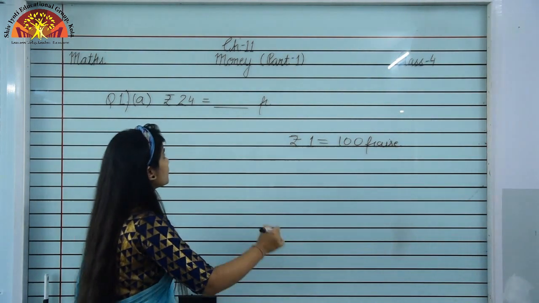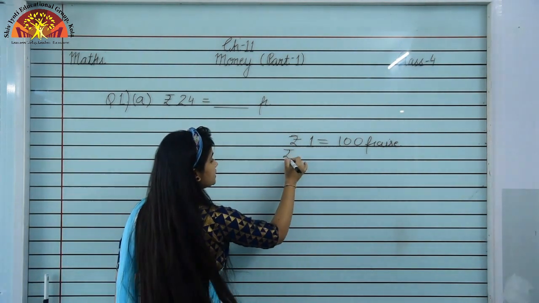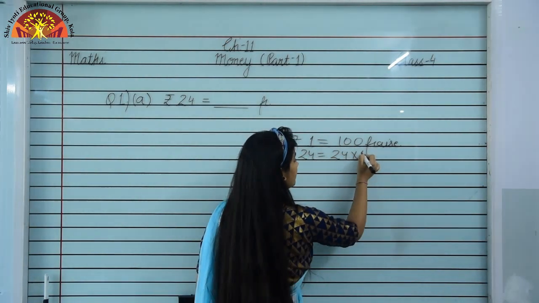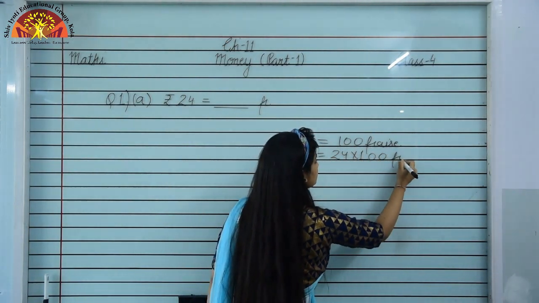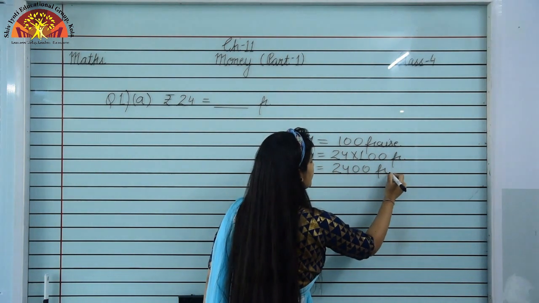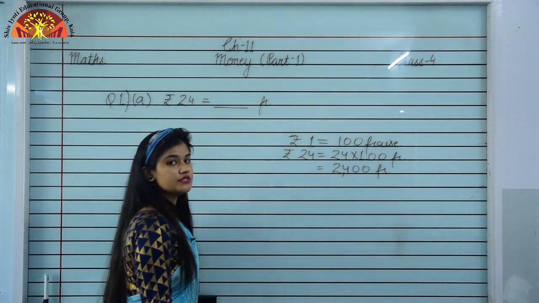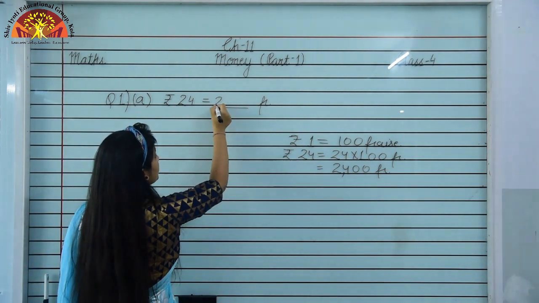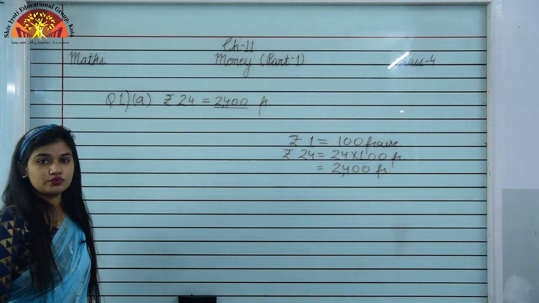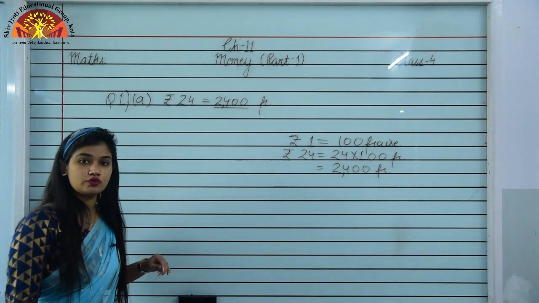Is it clear? So rupees 24 is equal to 24 multiplied by 100, and it will be 2400 paisa. Is it clear, students? In this way you can convert rupees to paisa.